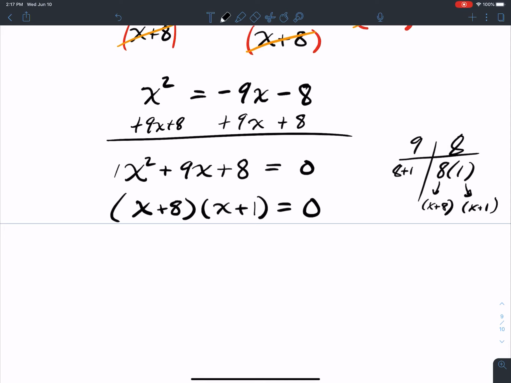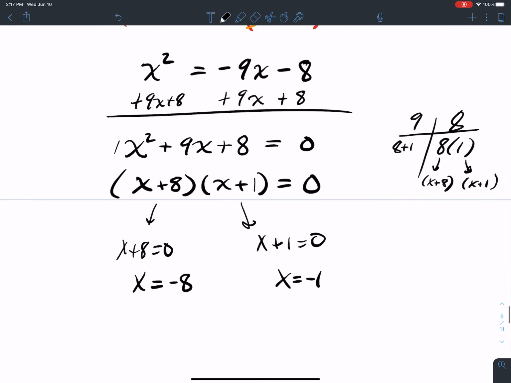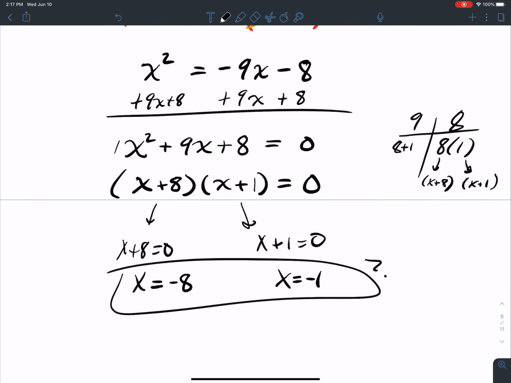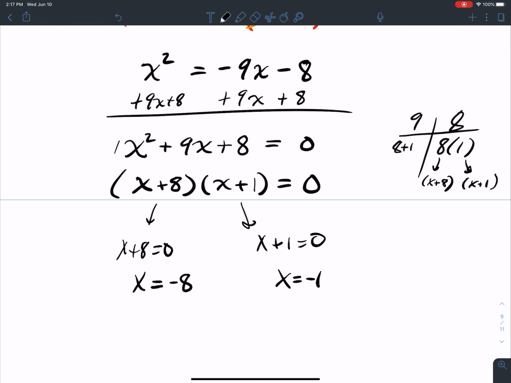And I set each piece equal to 0. x plus 8 equals 0 and x plus 1 equals 0. This tells me that x equals negative 8 and x equals negative 1. Now, are these my answers? Well, maybe. We got to check.